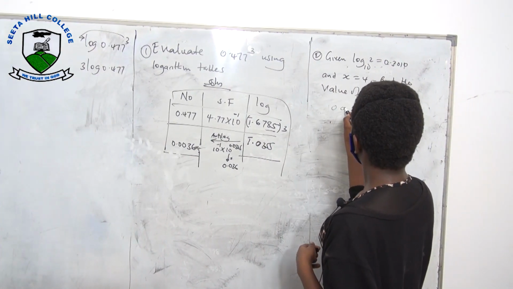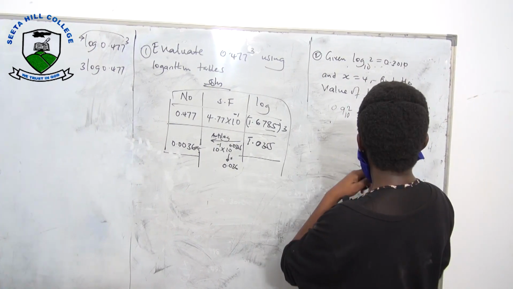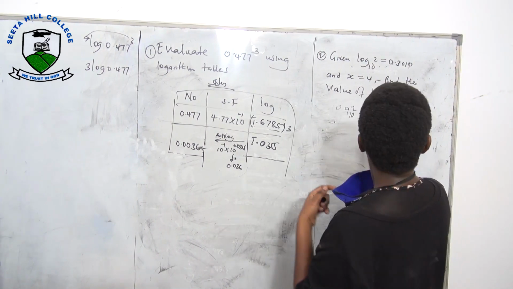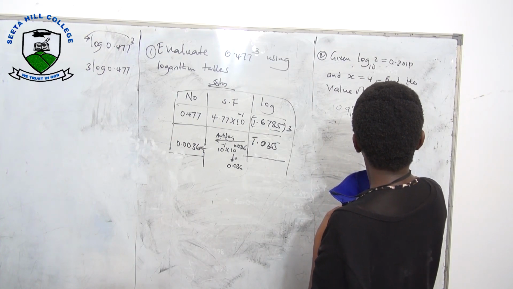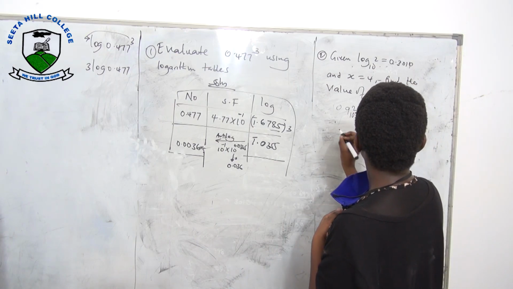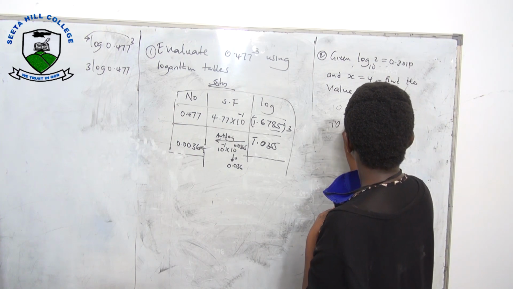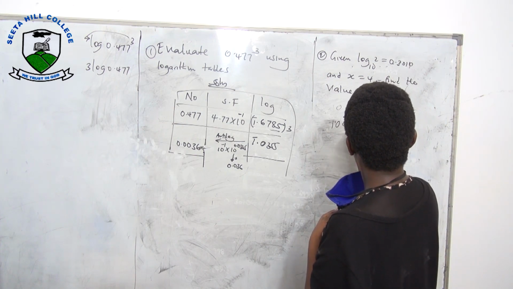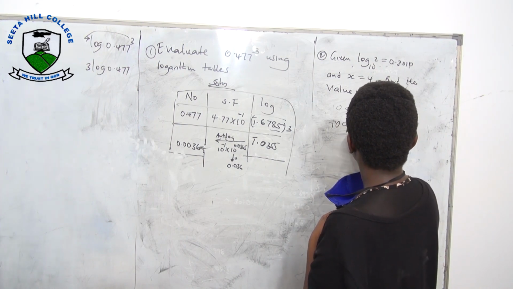They've said log 2 equals 0.3015, and they've told us x equals 4. So this log 10. And since this x is squared, I'll square also 4.